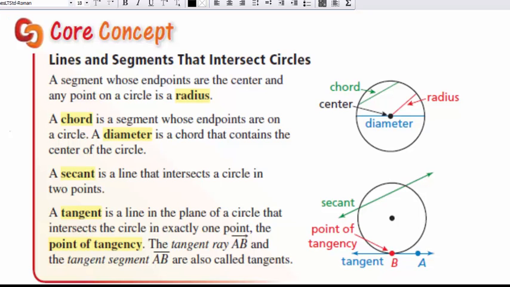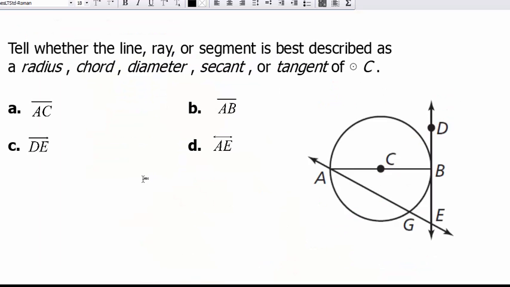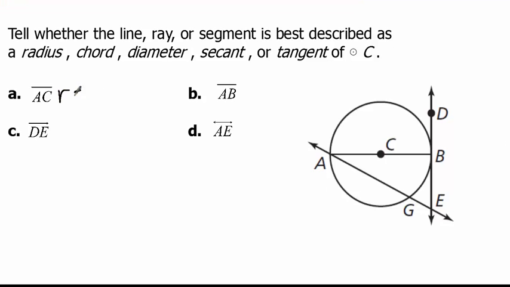So based on learning these terms, we want to be able to identify what different terms these things are. AC, well, it ends at the center of the circle, so we would call that a radius. Radii being the plural. DE, now it's a little hard to tell on this, but this is a ray, and DE still touches the circle at only one point, so it is a tangent.